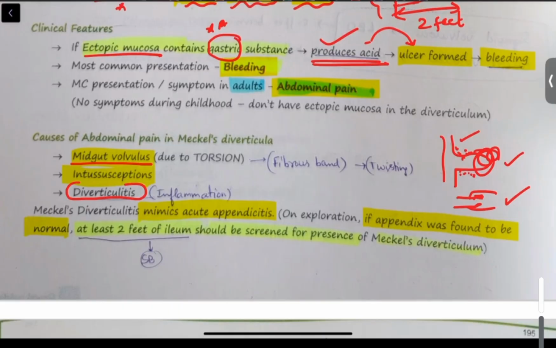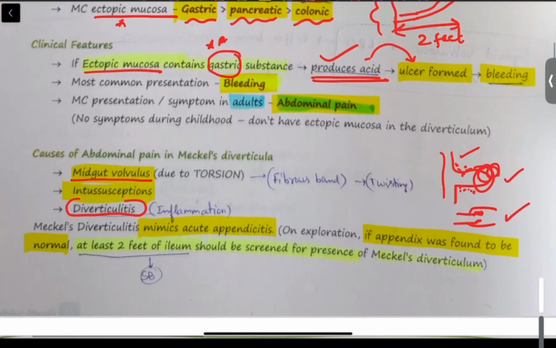Okay, so now surgeons shouldn't close it as it is, they should look for the site of Meckel's diverticulum, which can be a cause that mimics acute appendicitis. For that reason, where should we search? We should search 2 feet from the ileocecal junction.